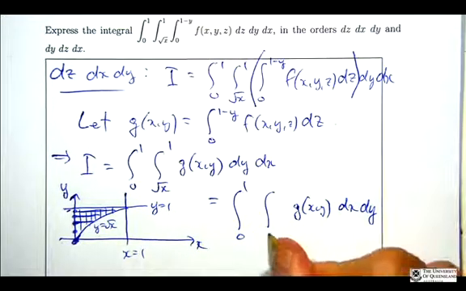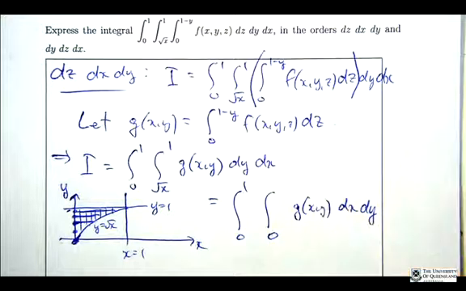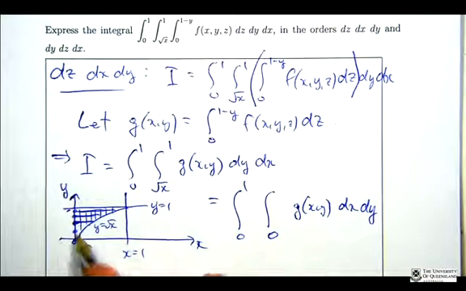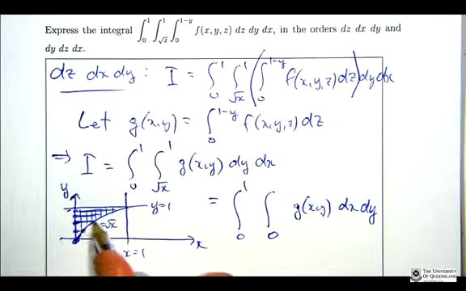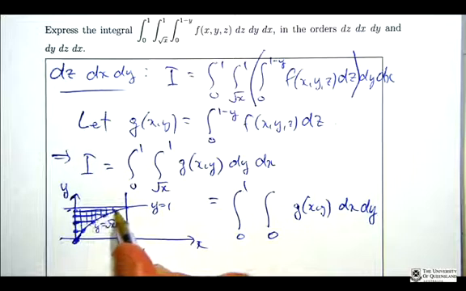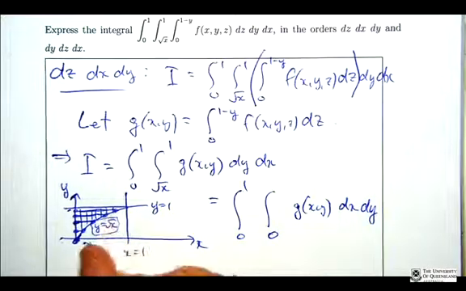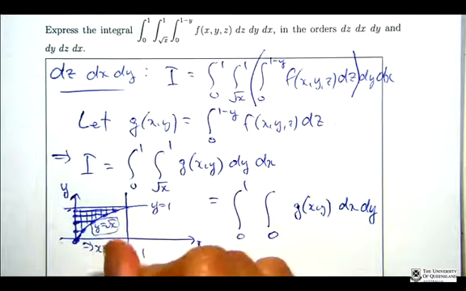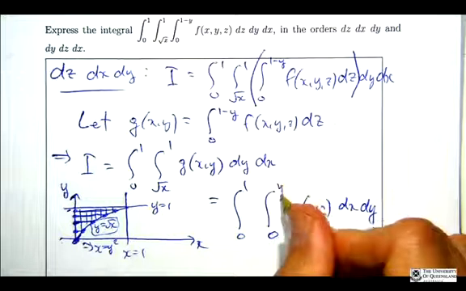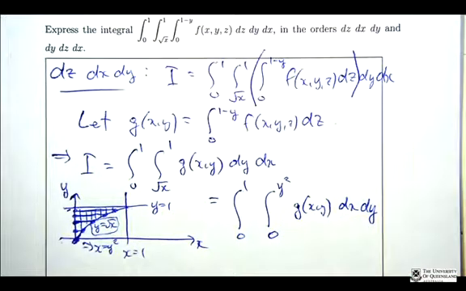So that's x equals 0. And the maximum value of x on each of these horizontal lines I'm drawing always lies on that parabola. But I need to represent that parabola in the form x equals some function of y. Right? Given that it has equation y equals root x, I can just rewrite that as x equals y squared. And so y squared is then going to be the upper bound.